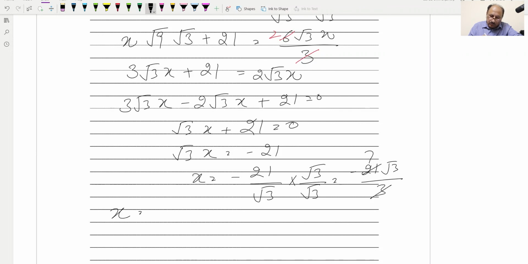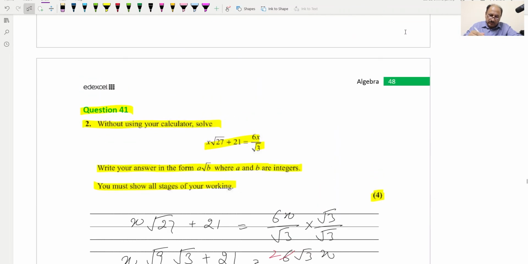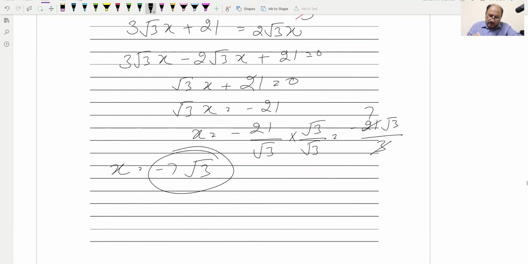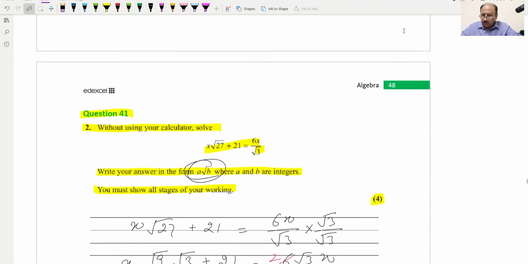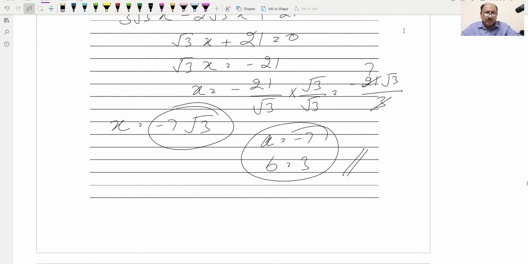So x will be equal to minus 7 under root 3. This is required, in the form a under root b. So a is equal to minus 7 and b is equal to 3. This is the value, and this was the 4 marks question which we are done. Hopefully you understood each and everything.